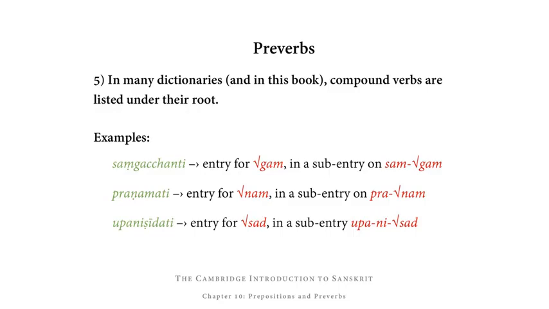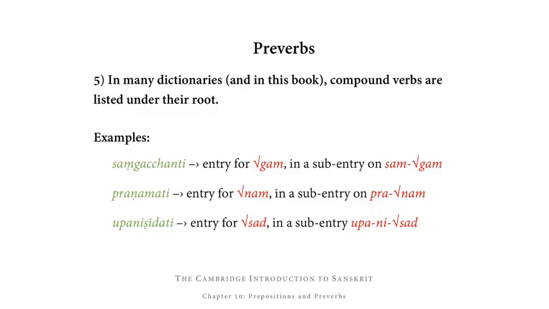So, for example, if you're trying to figure out what a form such as san gacchanti means, then you need to be able to realize that san is the preverb sam, which has been sandhied into san, and that the verb form itself is gacchanti, and gacchanti can be found in the entry for its root, gam, and there you then have to look for a sub-entry on the particular compound verb, sam gam.